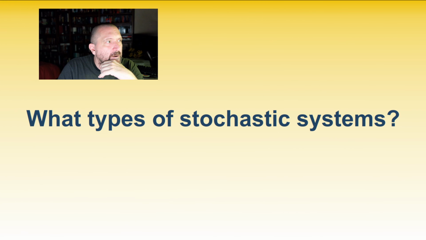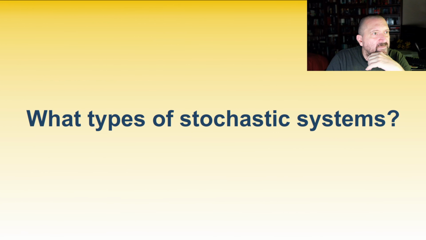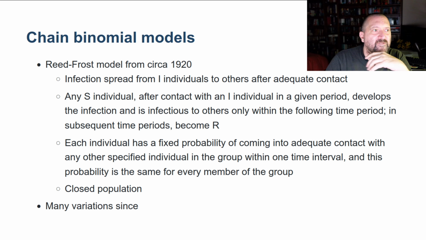Now, quickly, let me briefly go over the types of stochastic systems. I'll come back to this later. So the first type that became quite popular was, for instance, the Reed-Frost model. That's what's called a chain binomial model. This is from around the 20s, and the idea was you have individuals, infection that spreads from the I to others after an adequate contact.